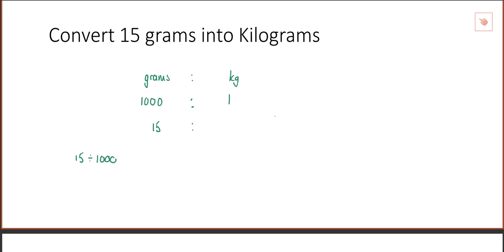So if we do 15 divided by 1,000, what do we get? Exactly. 0.015.